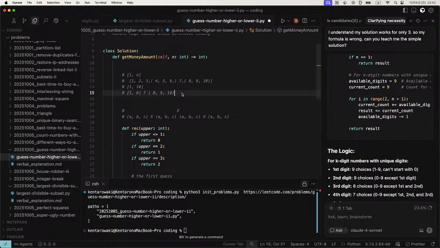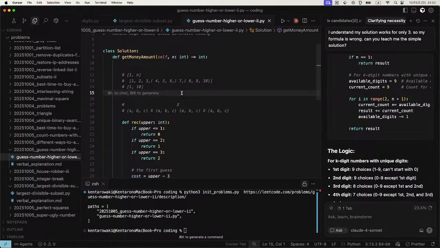Okay, the structure is like this. So the element is 7 plus 1.